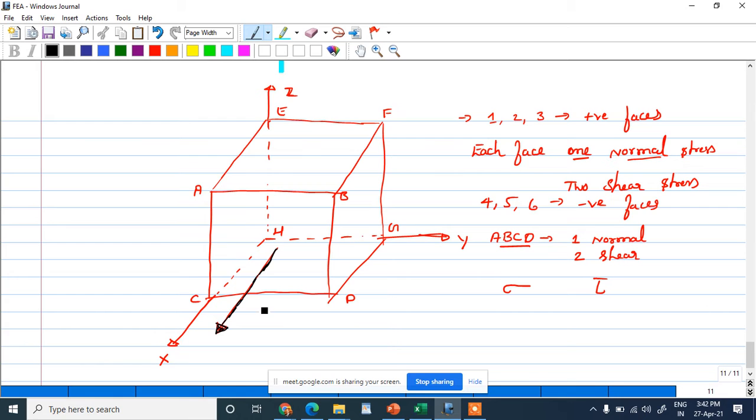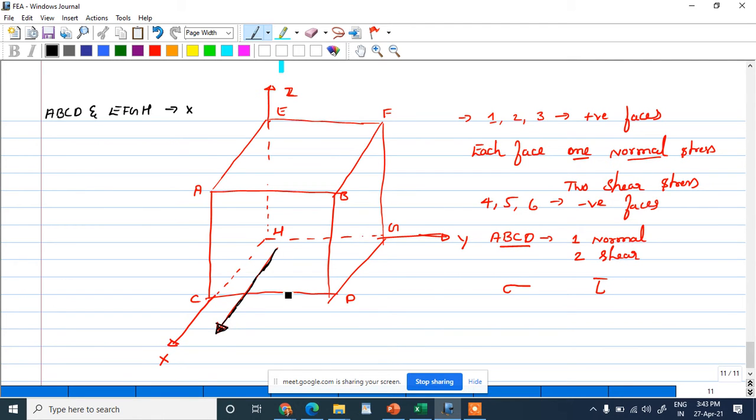Now, what is this? We call A, B, C, D and E, F, G, H the X face. You can see that this is the X face.